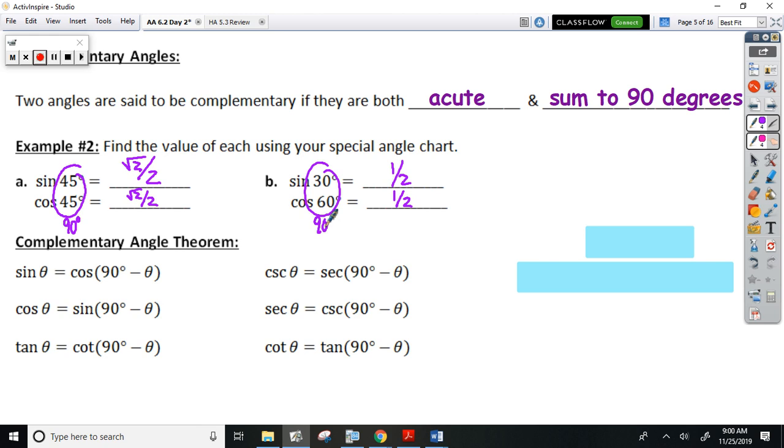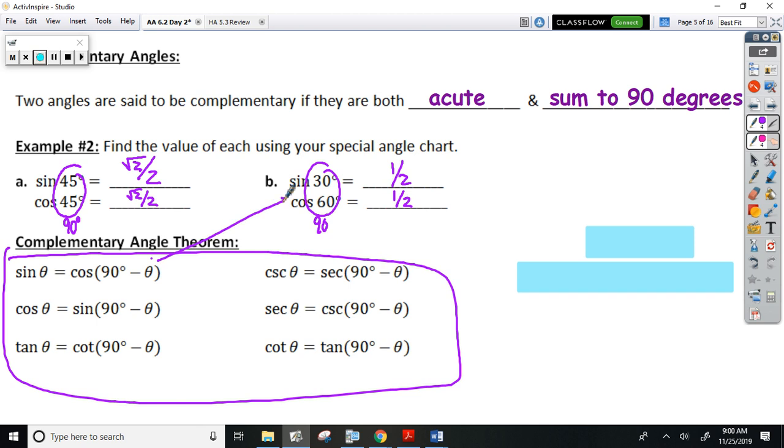So that's what these formulas tell you. These are called the complementary angle theorems. And this is kind of the proof of that one. The sine of 30 equals the cosine of 90 minus 30, which happens to be 60. So it just helps you to change the angle measures if you need to in an expression.